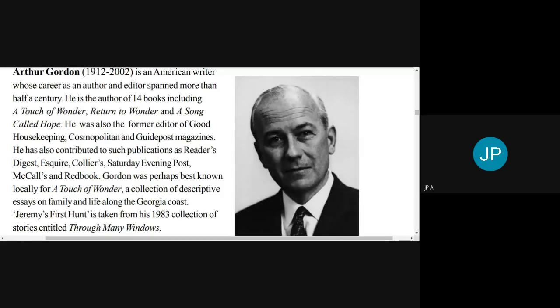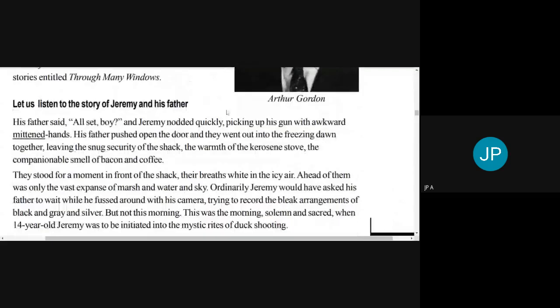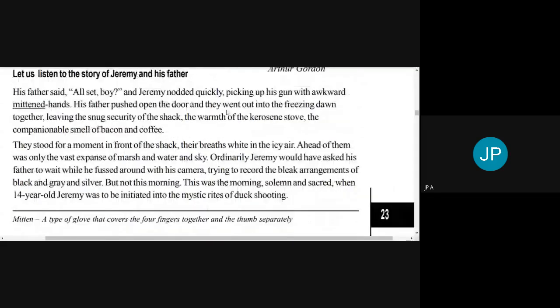This is actually a very touching story. We have different kinds of stories. This is a story of a father and a son, which talks about the relationship between them. Before we begin, I'll give you an idea of what to expect. It is a story of a father who is an expert hunter.